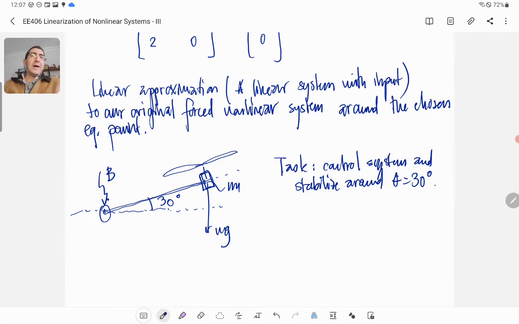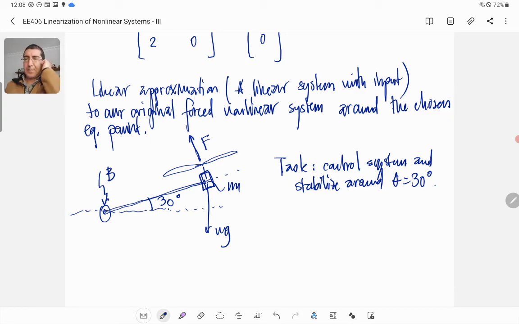And here the input is not at the joint. It's not a torque input, but it's a force generated by this propeller. So it's a nonlinear system with an input, and it corresponds to everything that we have discussed here.